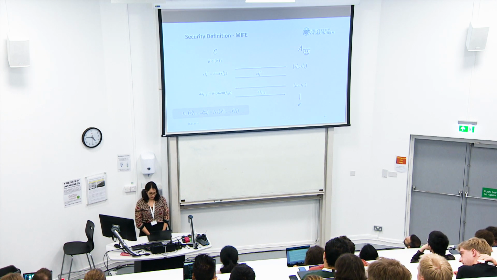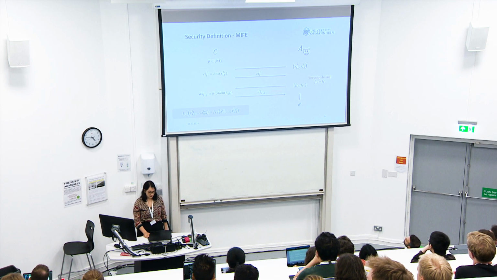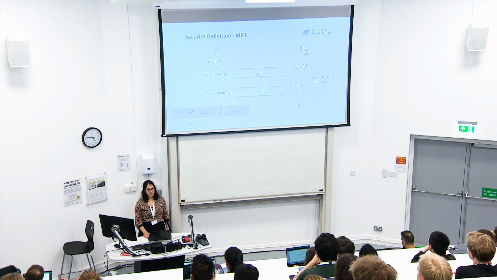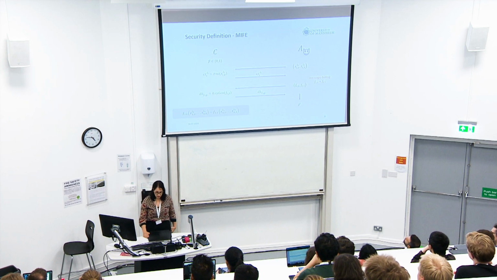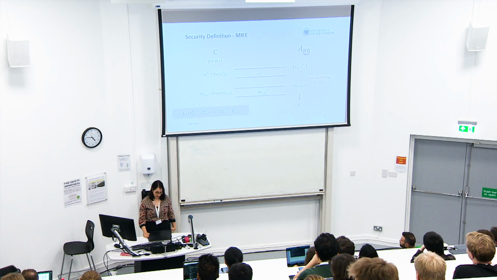In the normal setting for multi-input function encryption, if we only have message hiding, he can only request one function, so f0 and f1 are the same. And if we have function hiding security, which was also in the last talk, the attacker can request two functions, one for each case.